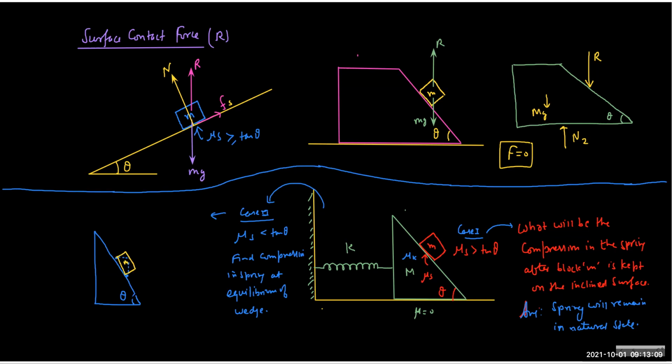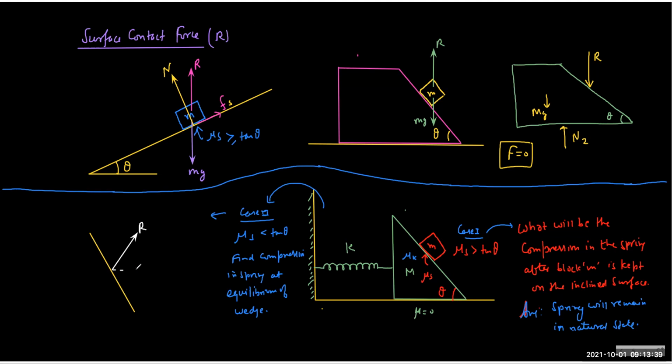I don't have space; I think I need to go to the next page. The reaction force means the surface contact force. Yes, correct. So the surface contact force will act not vertically up, but tilted from the vertical like this, on the block.